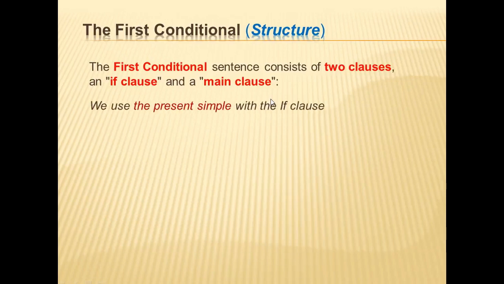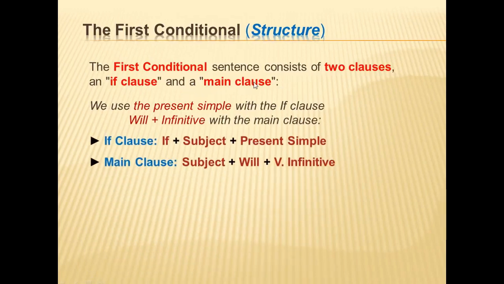We use the present simple in the if clause, and will plus infinitive in the main clause. The form of the if clause is: if plus subject plus present simple. In the main clause we have subject plus will plus verb infinitive.